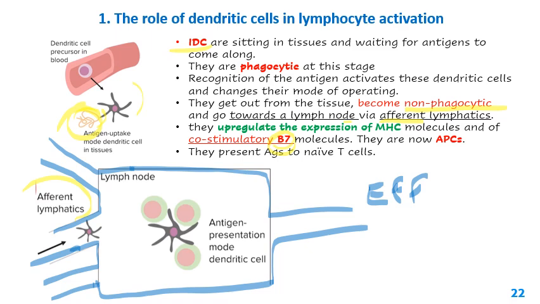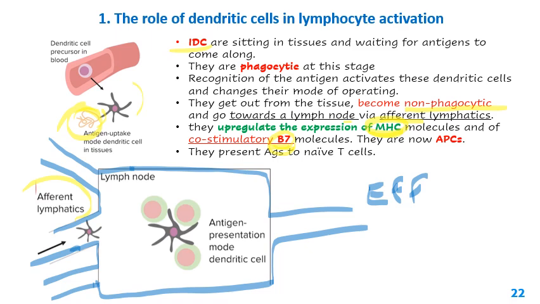This guy is like a B7 production OCD guy. Once it has this high level of B7 on the surface, that's what makes it such a good antigen-presenting cell. Besides B7, this cell also has to have that platter to present antigens to your T cell, so it has to have MHC molecules.